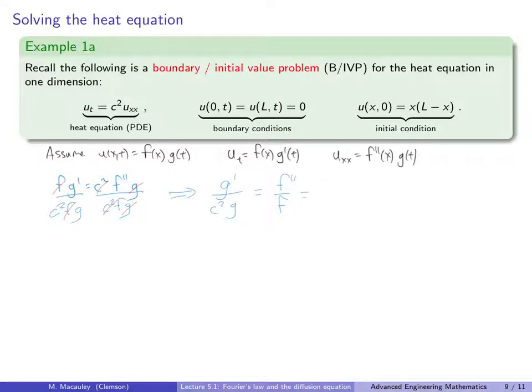So I'm going to set that equal to lambda. And let me just write here that this doesn't depend on position, x, and this is equal to something that doesn't depend on time, t.